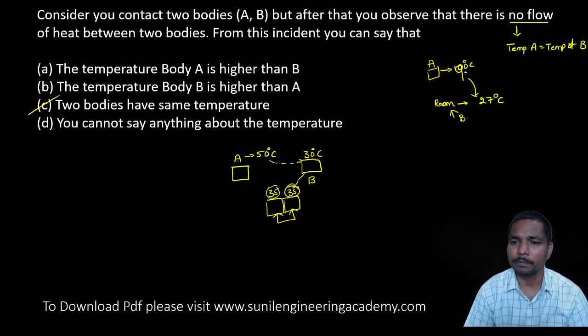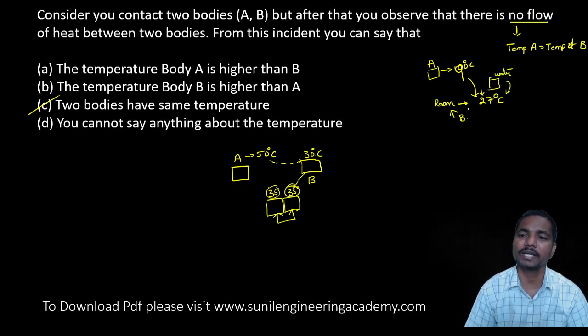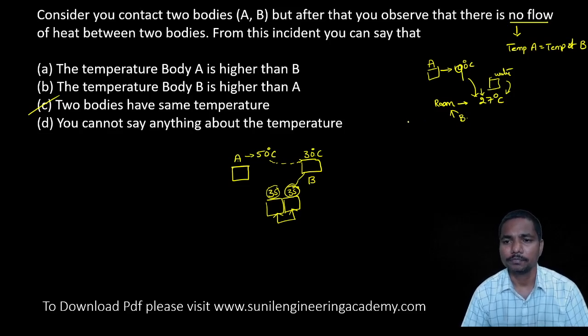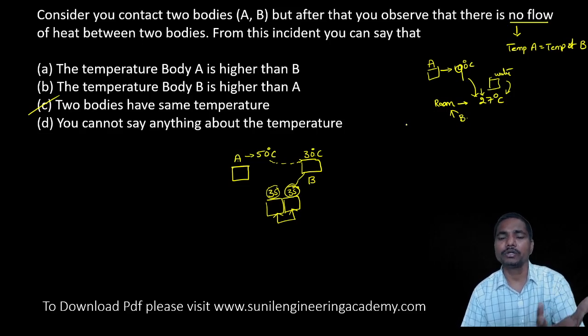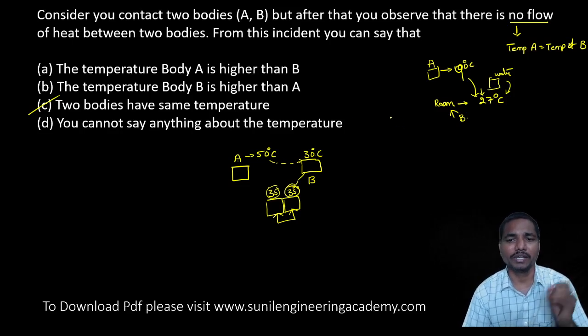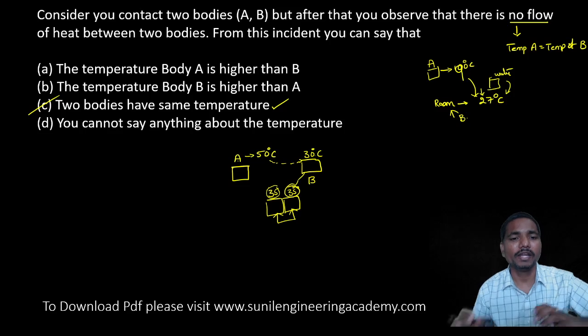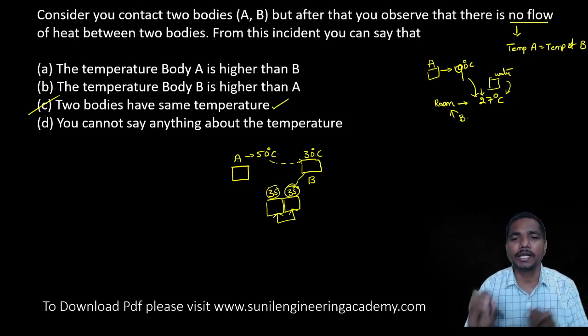It loses the heat from 90 to 80 and then 70, and after some time it becomes 27 degrees centigrade. After that it may not lose any heat. If you place some hot water into your room, after some time it also gets the room temperature. So whenever two bodies have the same temperature, there is no flow of heat. Whenever there is a temperature difference, then only heat flow takes place.